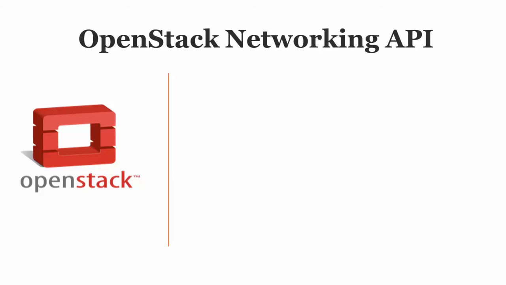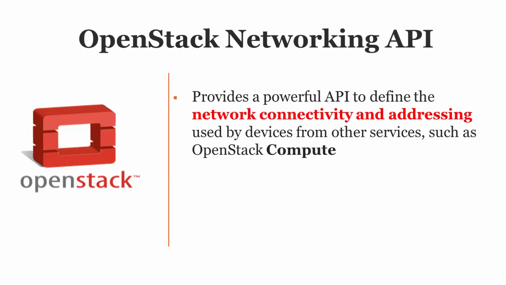OpenStack Networking, the API. Normally the Neutron service should provide a powerful API to define network connectivity and addressing. Neutron is used to provide network connectivity and addressing, especially to whom? To the Nova service.